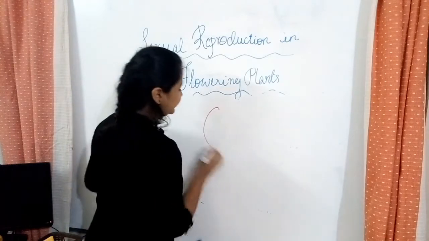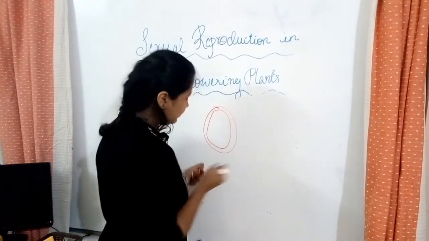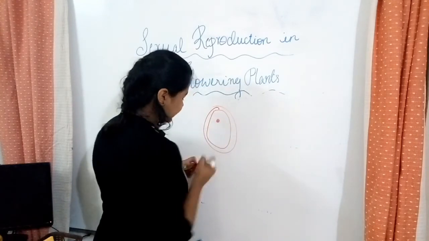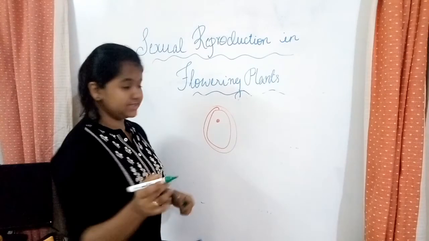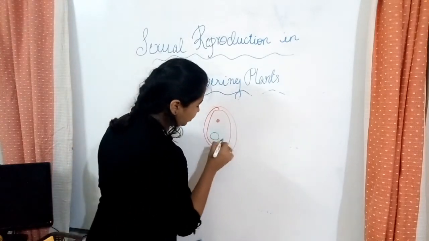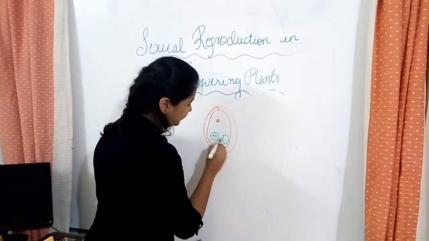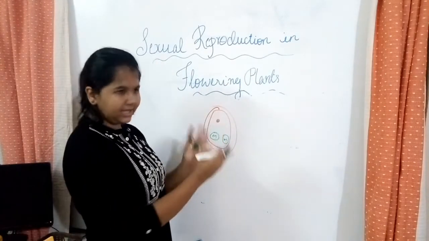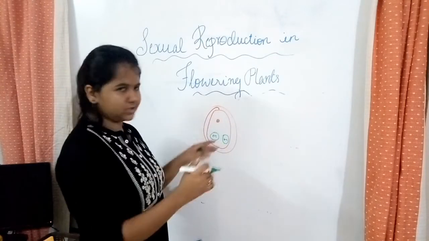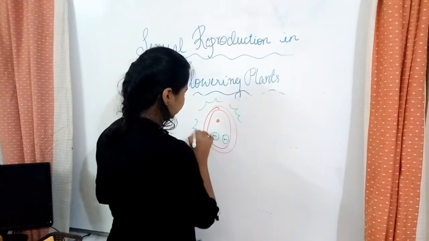Now see the drawing. This is the vegetative cell. This is the vegetative nucleus. And we said that the generative cell undergoes mitosis and becomes two. So it becomes two, and these are the two male gametes. Now this in all has three structures inside. This is the exine.